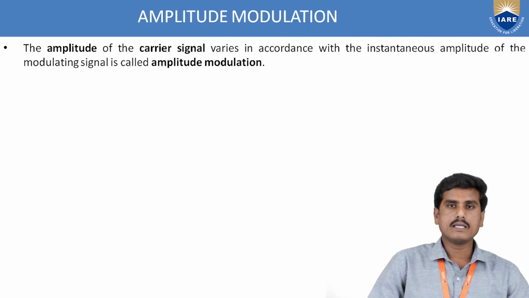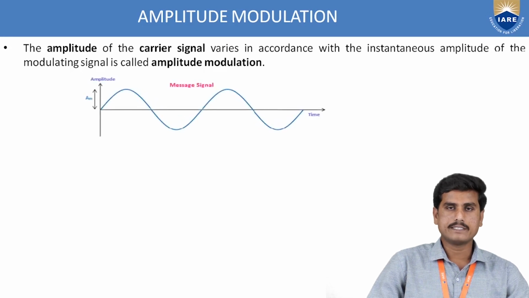Now see one of the basic concepts, amplitude modulation. From the definition of amplitude modulation, the amplitude of the carrier signal changes with respect to the instantaneous amplitude of the message signal or modulating signal.